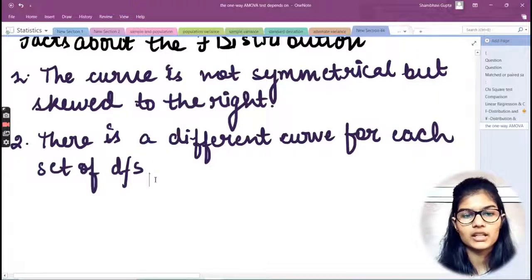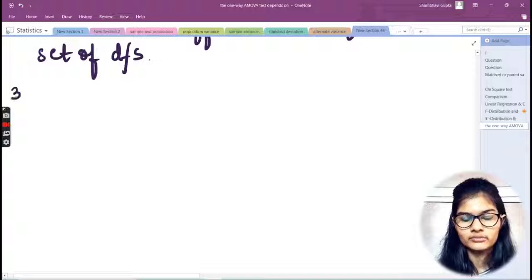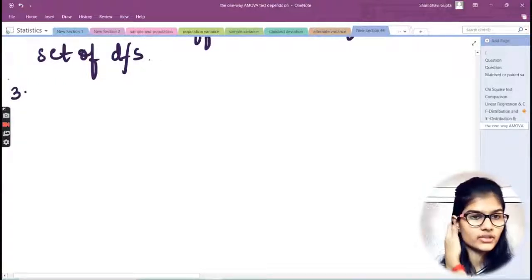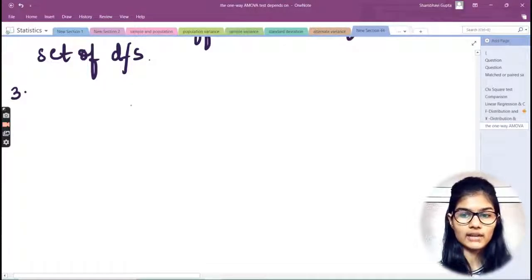Coming down, we have the next point, the third point, or you could even say the third fact, whatever you wish.